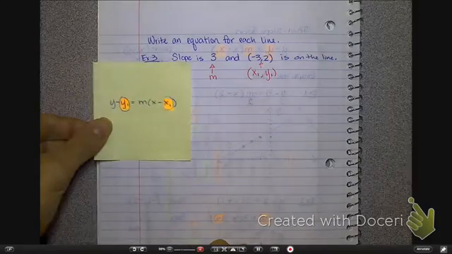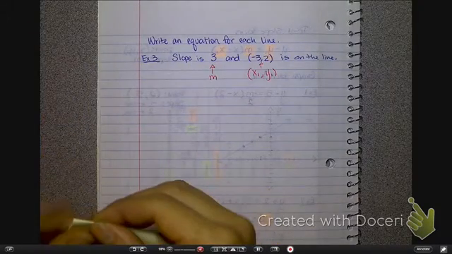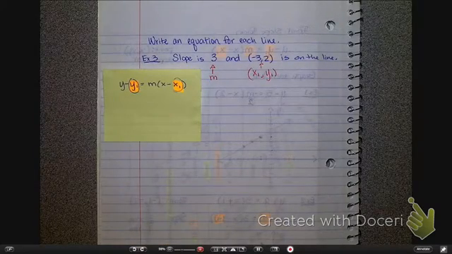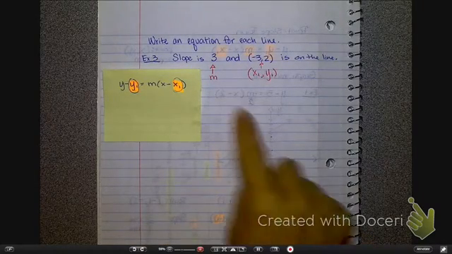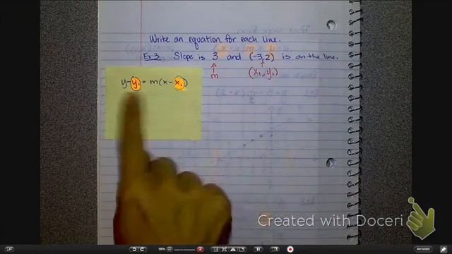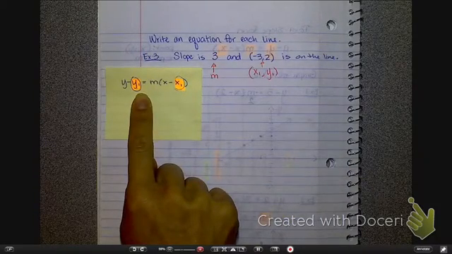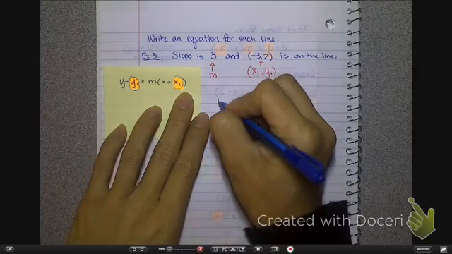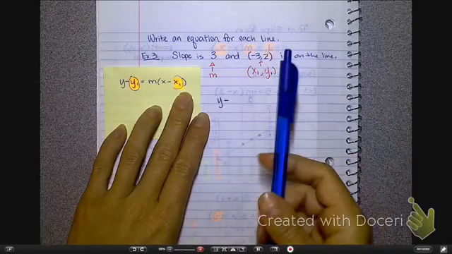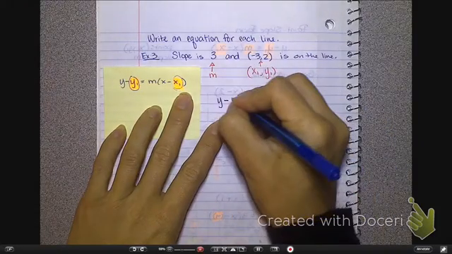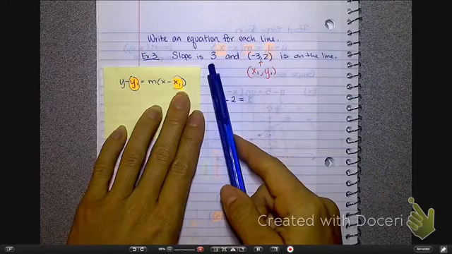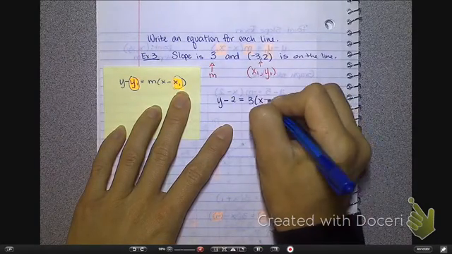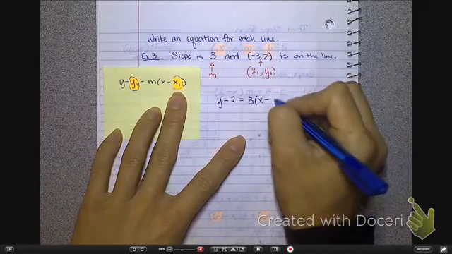Now, what was the generic form of the equation that we wrote down on the other side of our notes? Wasn't it this? This is what we wrote down. So I'm going to plug these things into this equation. So when I do that, here's what I get. I get y minus 2 equals m, what's m? 3 times x minus negative 3.